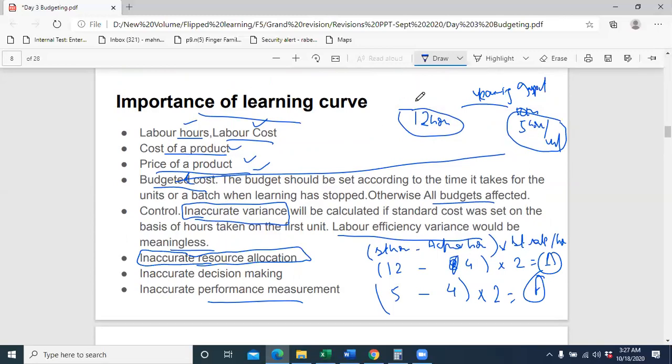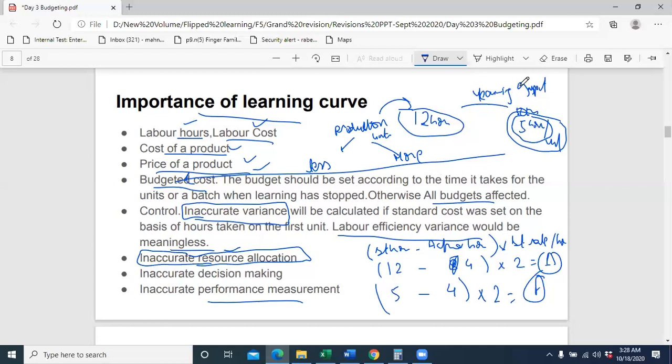But if I calculate my budget of how many units I could produce by taking the time per unit as 12, I may be able to produce fewer units. After incorporating the actual learning rate, the time taken per unit was only 5. So I could produce more units. That's inaccurate resource allocation and an inaccurate production budget.